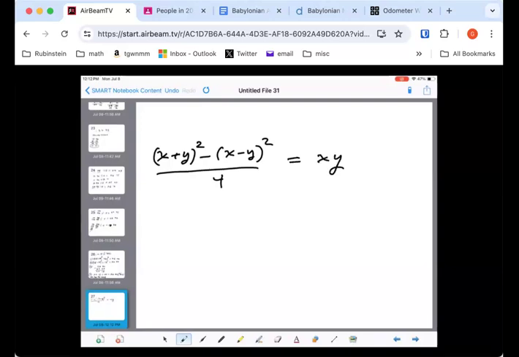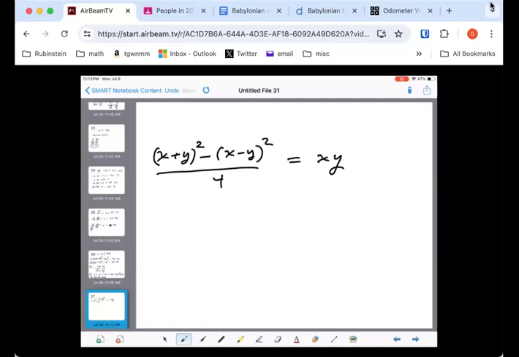Verify that this is an identity, that if you add two things, square it, subtract the same two things, square it, subtract the answers and divide by 4.